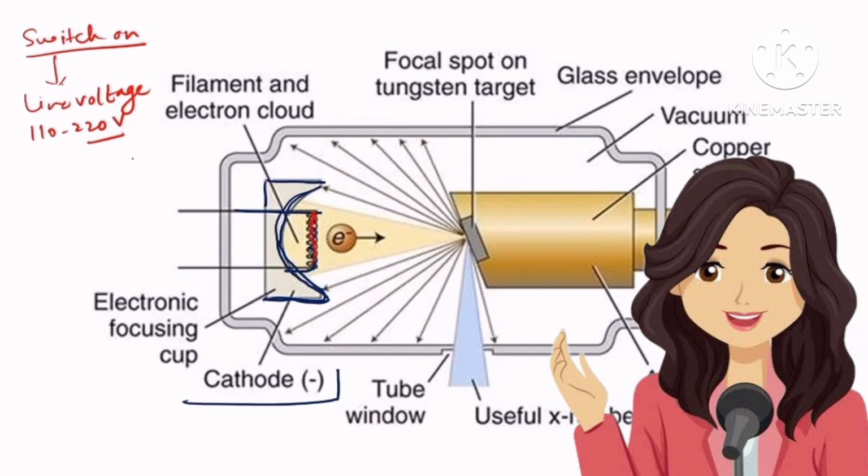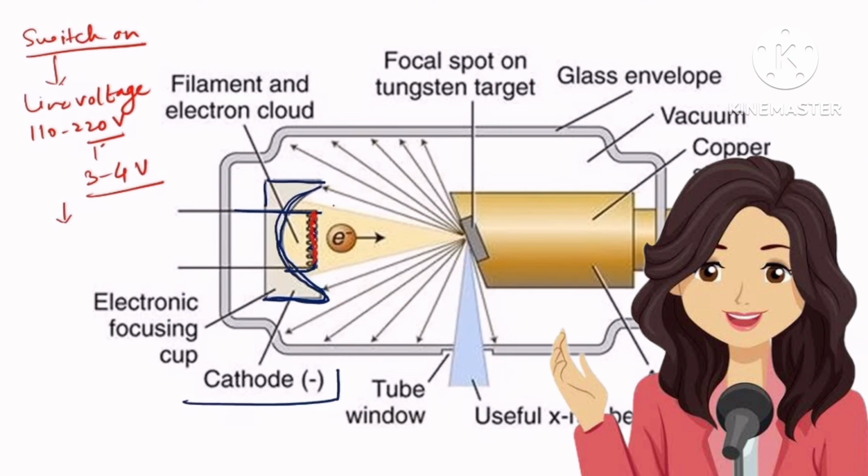Now there is a catch. This line voltage has to be reduced to 3 to 4 volts to heat the filament. The filament just needs 3 to 4 volts to heat up. There is a little catch that I'll tell you later. You switch on the button and heat up the filament.